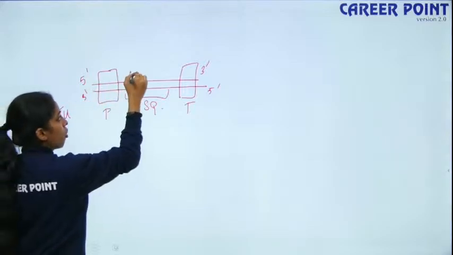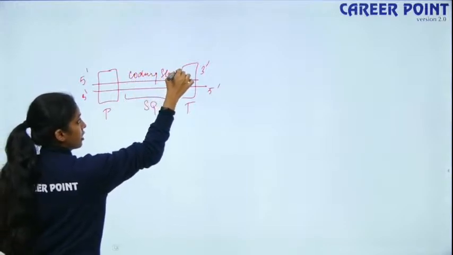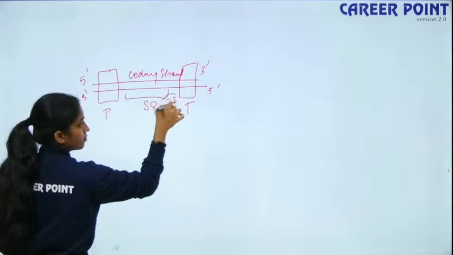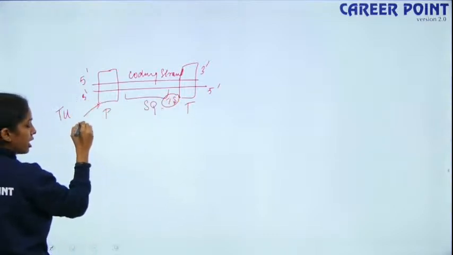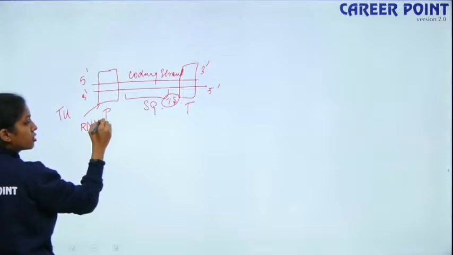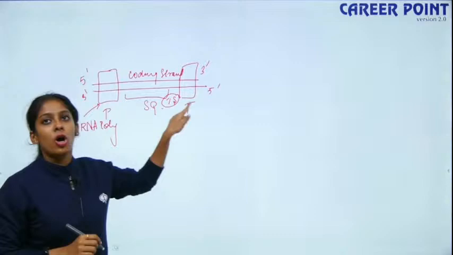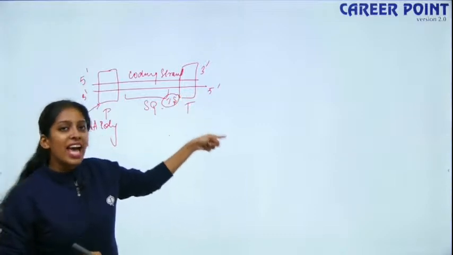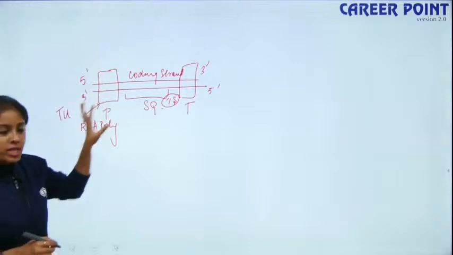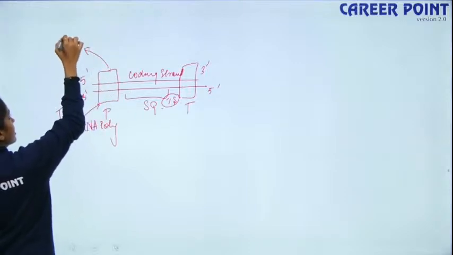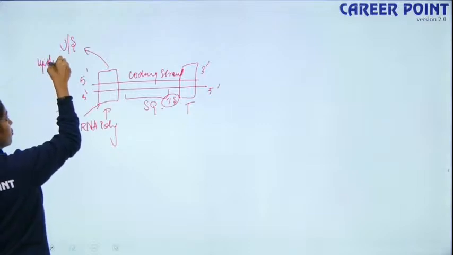So this is the coding strand. It is given a weird name. So this is the template strand, right? Your RNA polymerase will bind to the promoter and then initiate the process of transcription. Once this RNA polymerase comes in contact with the terminator, it will end the process of transcription. So this region where the promoter is present is known as the upstream region.